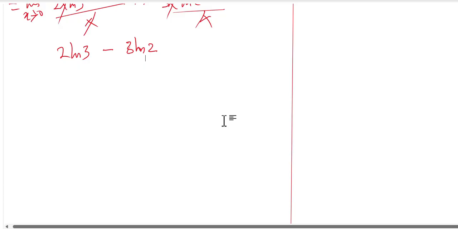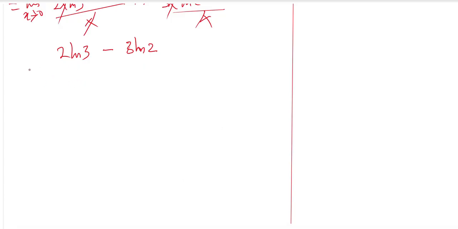But how do we get the final value? We can use the logarithm laws, because 3 ln 2 minus ln 3 is the same thing as ln 3 raised to power 2 minus ln 2 raised to power 3, and 3 squared is 9.